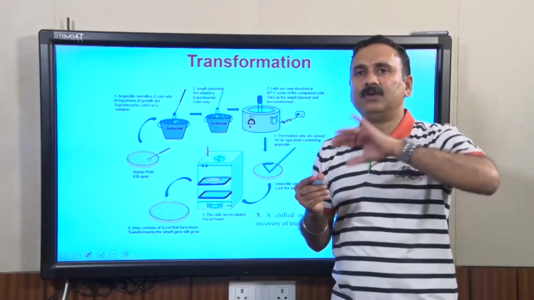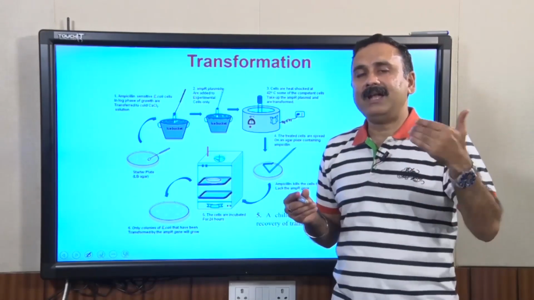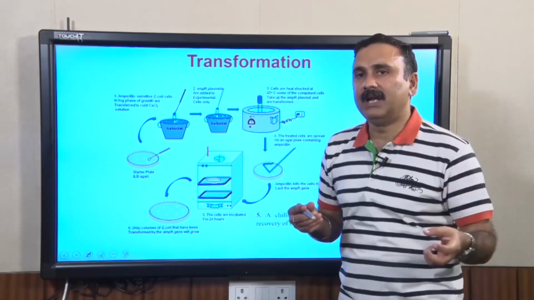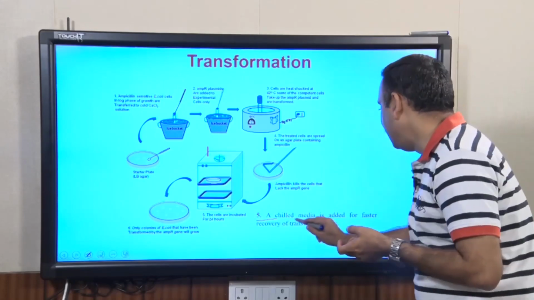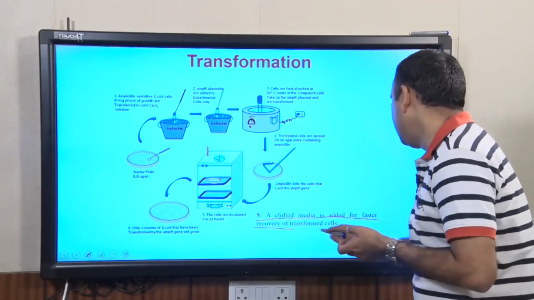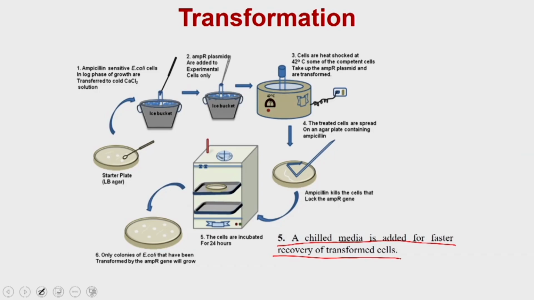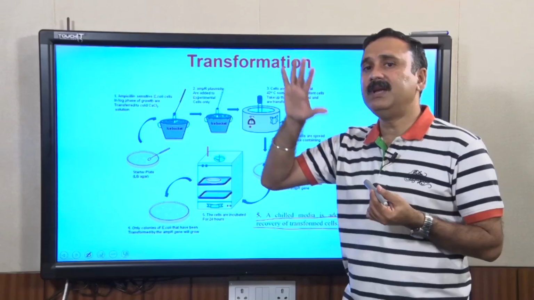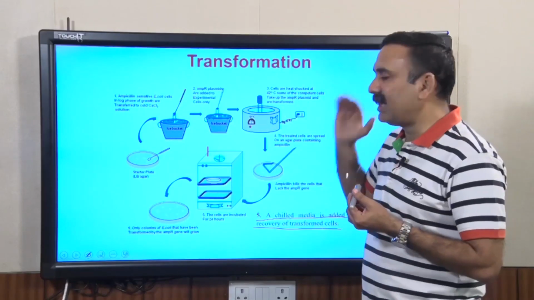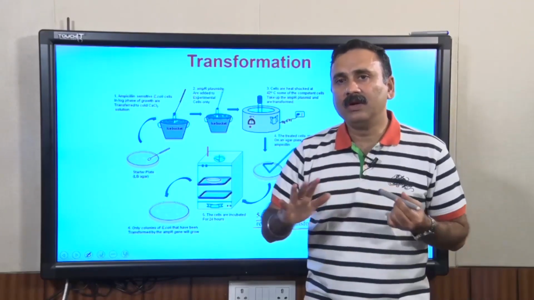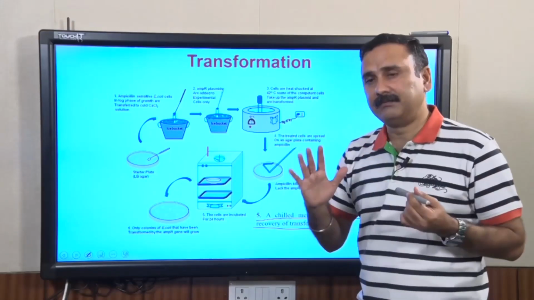Then you reverse things by adding chilled media, which makes the recovery of the bacteria very fast, and in that process all those pores are sealed, so the plasmid present inside remains intact.